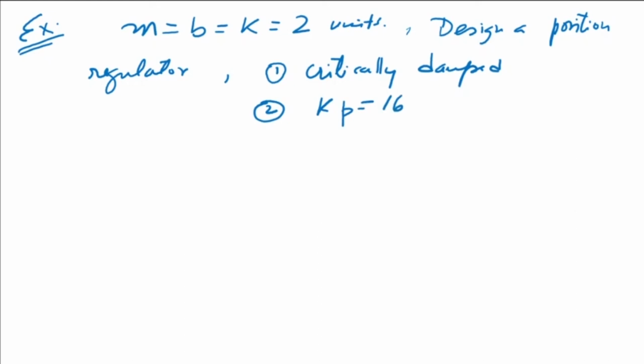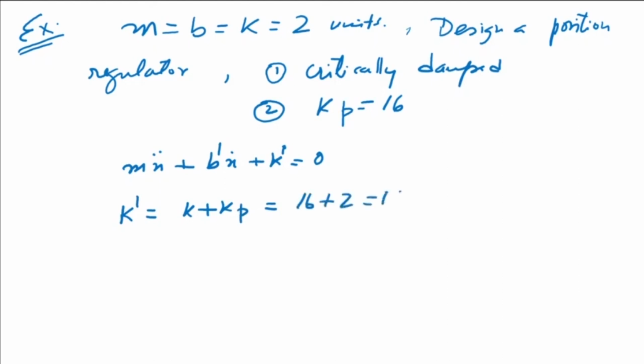If I make these two assumptions, then our equation is m x double dot plus b dashed x dot plus k dashed x is equal to 0. In this case, k dashed is equal to k plus kp, which is 16 plus 2, equal to 18. K was equal to 2.